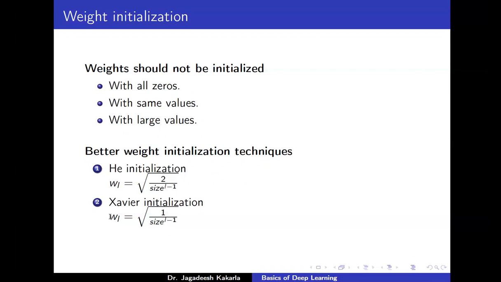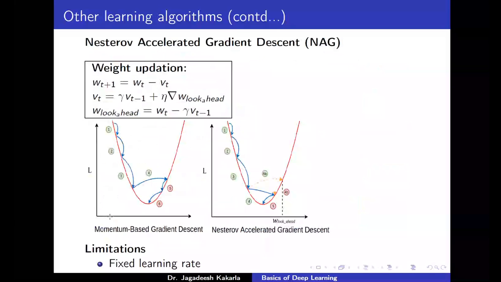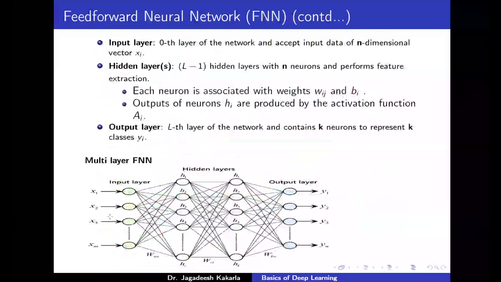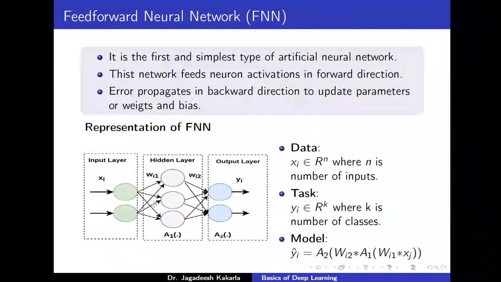Now you can ask me, sir, why should you not give all the weights as zero, or the same values? Then a symmetry problem will happen. What is this symmetry problem? I will discuss it with this example. Suppose the weights here are the same.